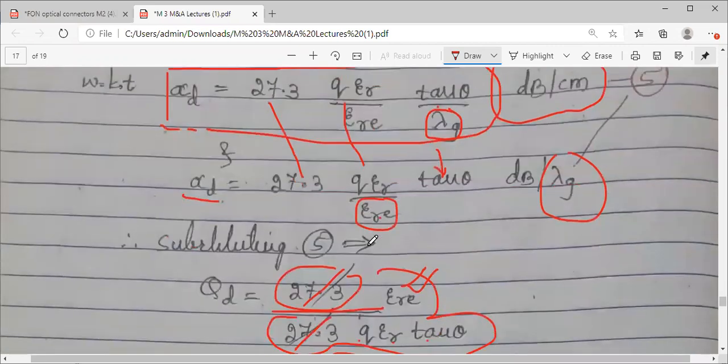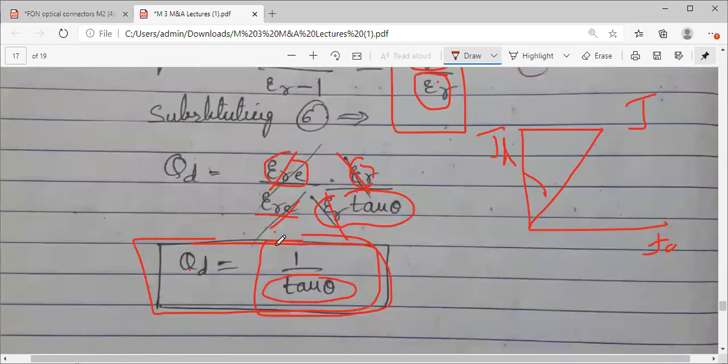But for the dielectric, there is no frequency term. So in case of dielectric losses, your quality factor is independent of frequency. It is only dependent on the loss tangent, tan theta.